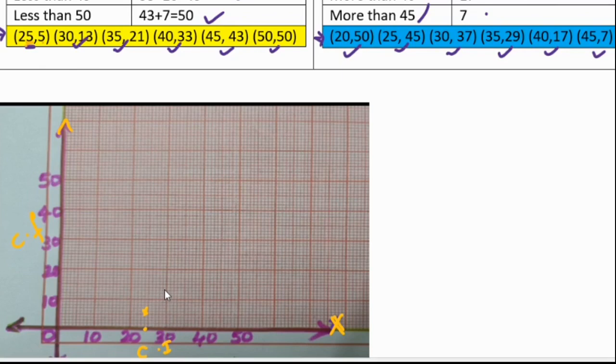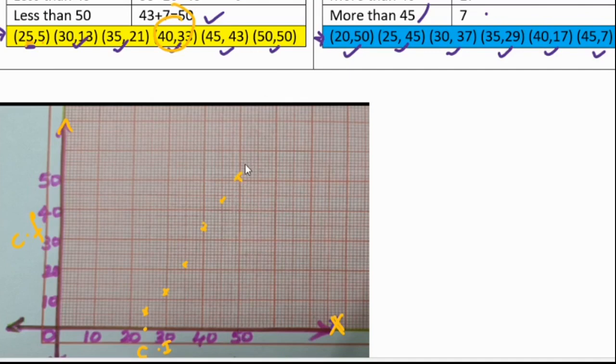So 35, 21 we will plot here, 40, 33 here, and 45, 43: 45 is between 40 and 50, and 43 is 3 lines above 40. And 50, 50: x axis is 50, y axis is 50.